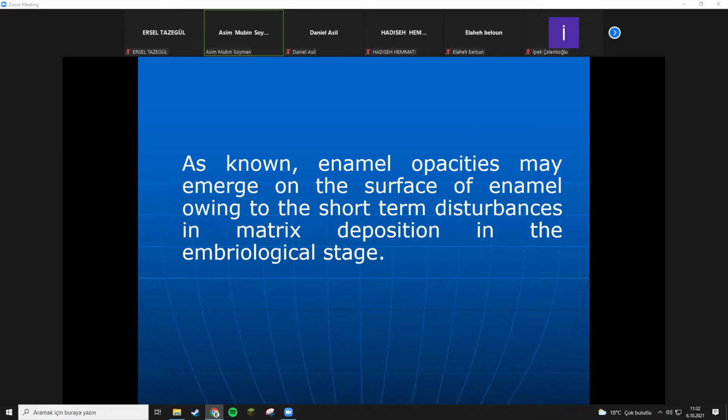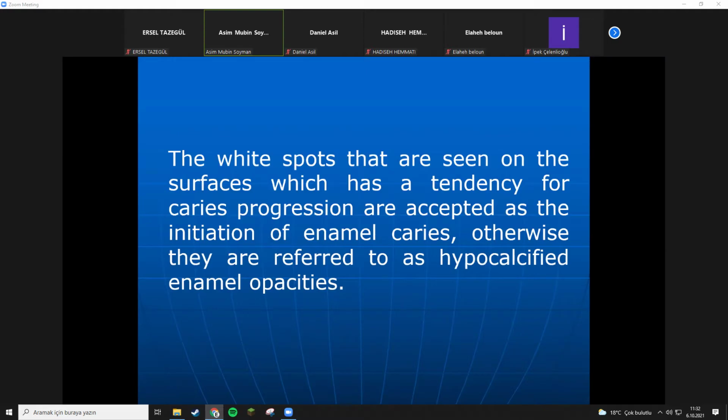To understand which is which, the white spots that are seen on the surfaces which have a tendency for caries progression are accepted as the initiation of enamel caries. Otherwise, they are referred to as hypocalcified enamel opacities.